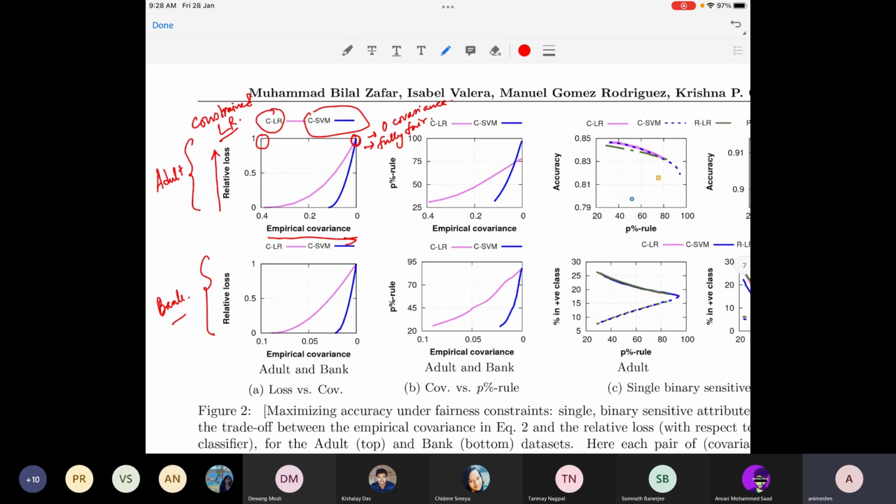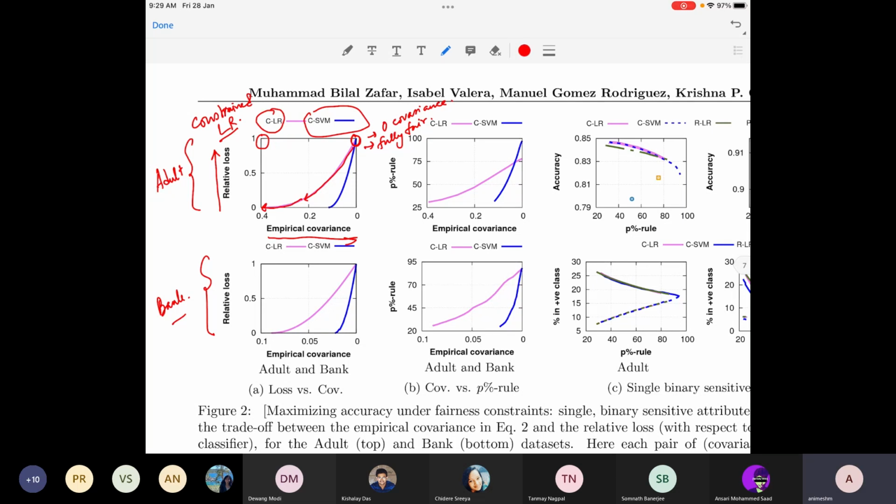Now, as the covariance decreases, what happens? As the covariance decreases, loss is also decreasing. Yes. And finally, sorry, the covariance increases. I'm sorry.